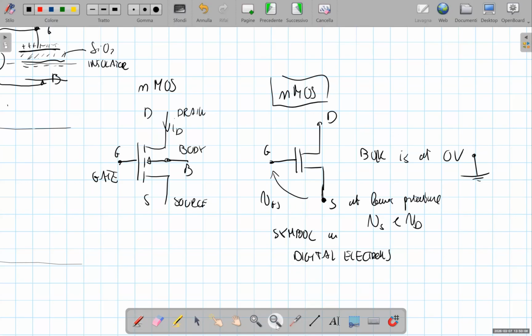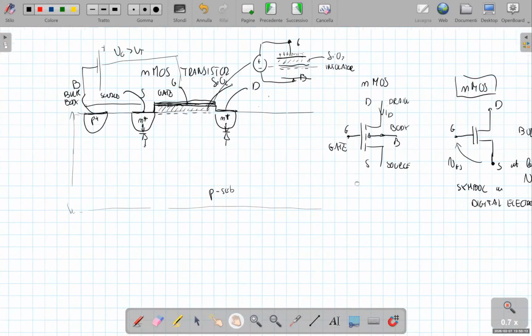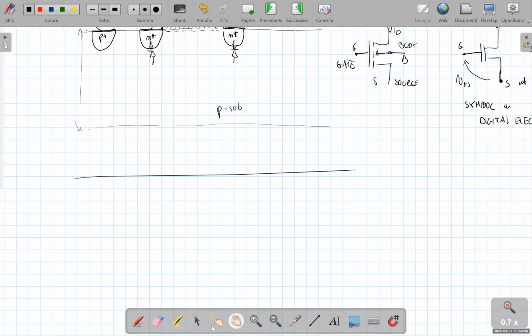Actually, this is just one of the possible types of transistors which are available in present day MOS technology. We also have a complementary device that is obtained starting no longer from p-type doped material, but from an n-type substrate, in which we have complementary dopings.